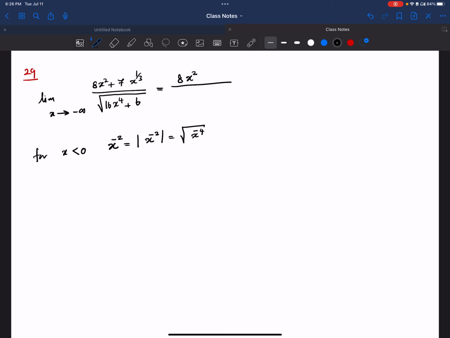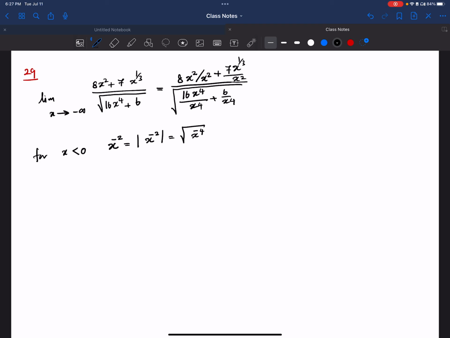So we have 16 x to the power 4 divided by x to the power 4, plus 6 divided by x to the power 4, and on top this is divided by x to the power 2. Then plus 7 x to the power 1/3 divided by x to the power 2.